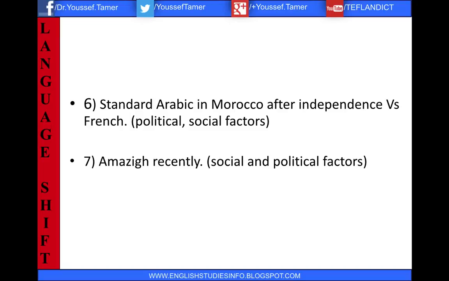And this pressure has been followed by a political orientation, political backup, political support in terms of constitution, in terms of the charter, of education, and so on and so forth. So here we have another example of language shift that has got to do with social and political factors.